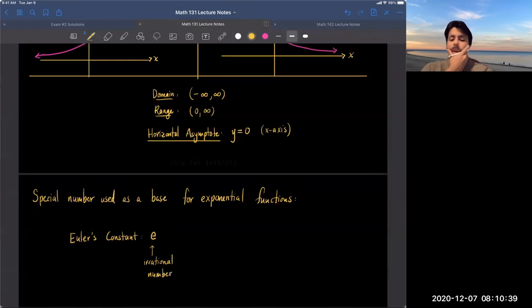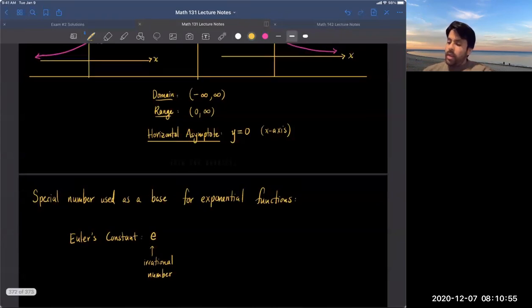This is on par with pi. So the same way pi is irrational, it has an infinite decimal expansion that has no real pattern. E is the same way.